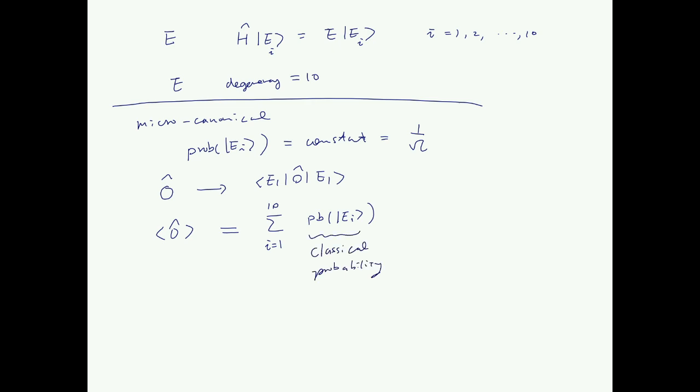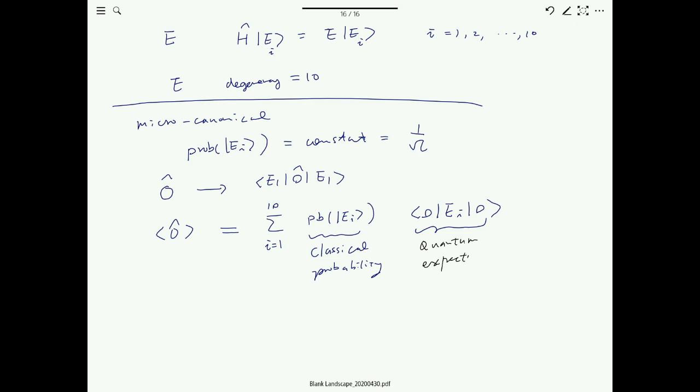Now, if my system is in a certain EI, then for the expectation value of this O operator, I can do this quantum average.